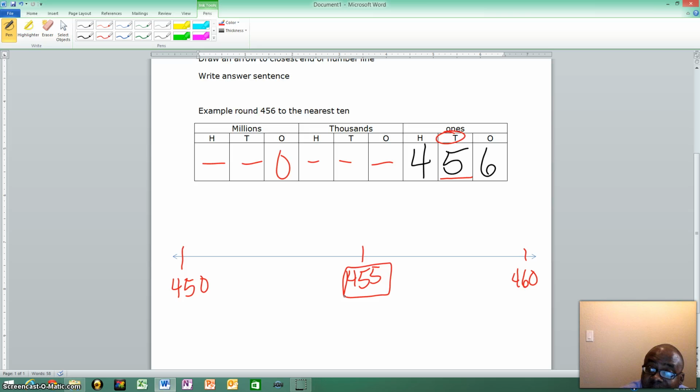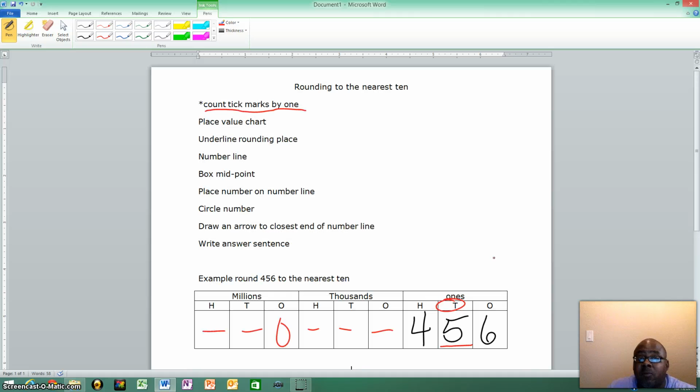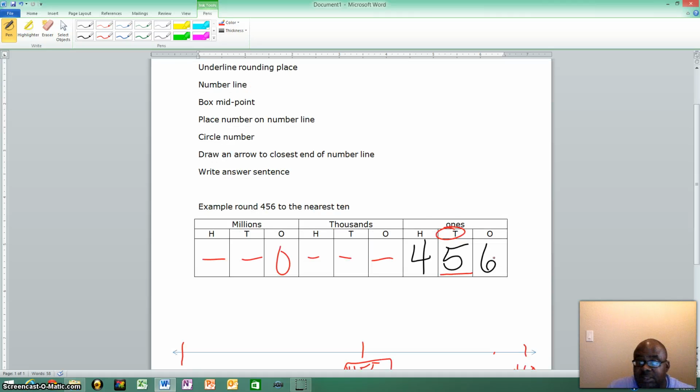If I'm doing by the nearest 10, this is going to be 451, 452, 453, 454, 455, which is the midpoint, 456, 457, 458, 459, and 460. Remember, I'm counting those tick marks by 1 to make sure I know where to put my midpoint, because remember, I'm rounding to the nearest 10.